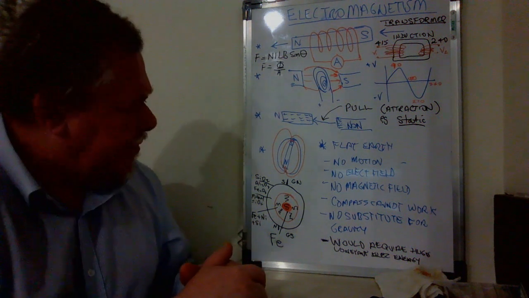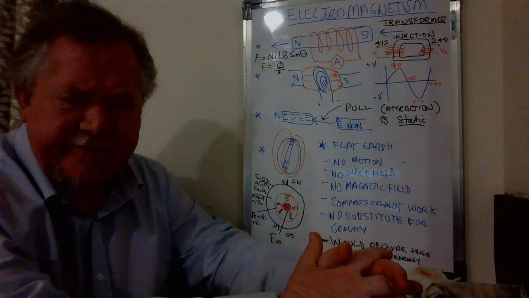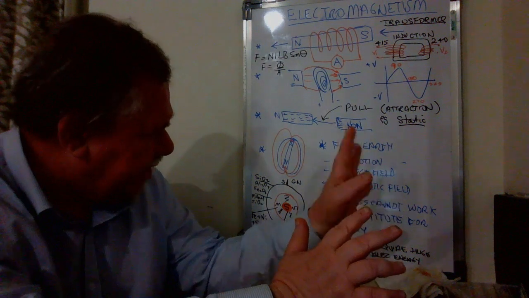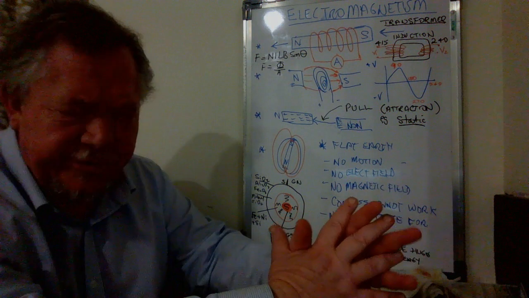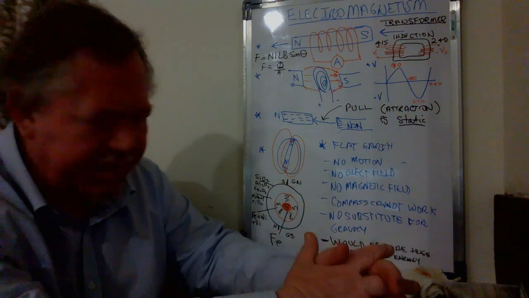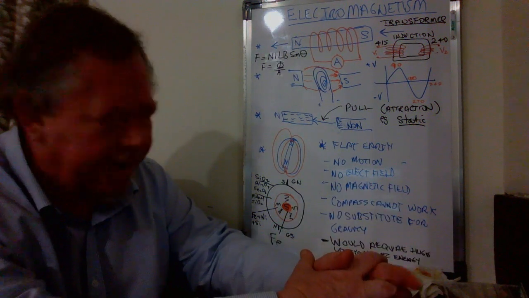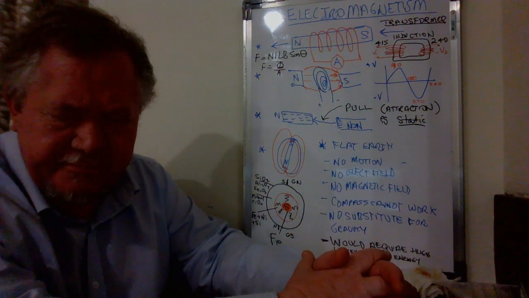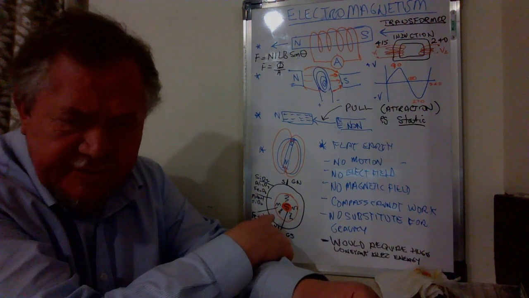Now let's have a look at the Flat Earth hypothesis that magnetism or electromagnetism replaces gravity. Well, first of all, within the model that Flat Earthers generally speak about, they say that the Earth is motionless. Well, this requires motion for it to happen.